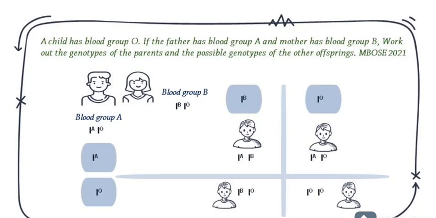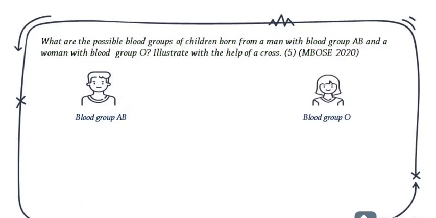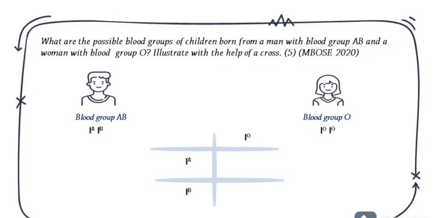Next question. The only possible genotype of a man with blood group AB is IA-IB, and the only possible genotype of a woman with blood group O is IO-IO. So, a child can receive either IA allele or IB allele from father, but from mother the child will receive only IO allele.